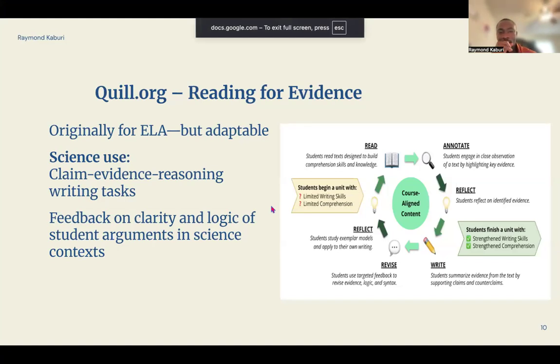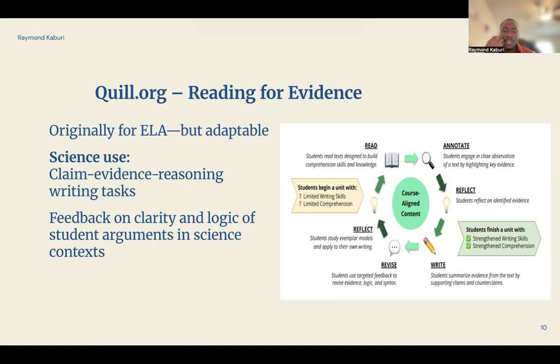Now, Quill.org, like I said, is also a platform that helps us to do reading for evidence, and for use in science, we can use it for claim, evidence, reasoning, writing tasks, and feedback on clarity, logic, and student arguments in a science context, and so on and so forth. So we see here, students read the text, designed to build comprehension skills and knowledge.